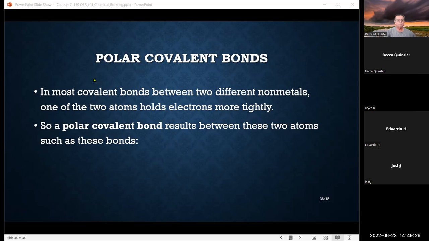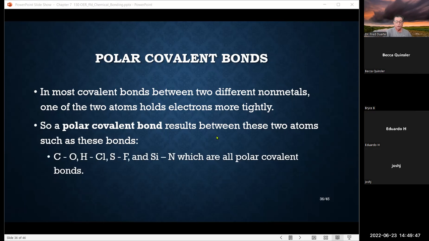Okay, let's continue here. We're talking about polar covalent bonds. Most covalent bonds are between two different nonmetals, and one of these is going to hold on to the electrons more tightly than the other, depending on their electronegativity.